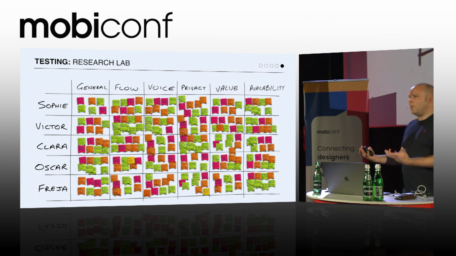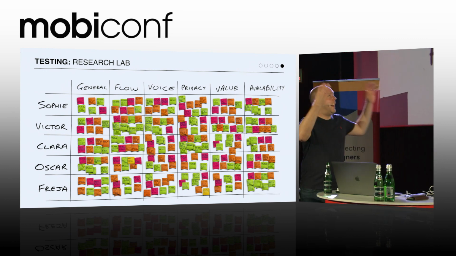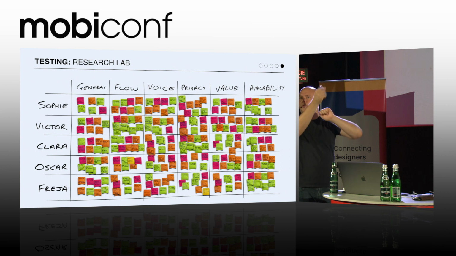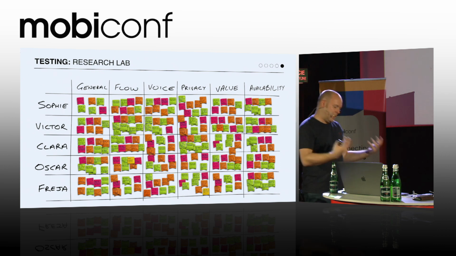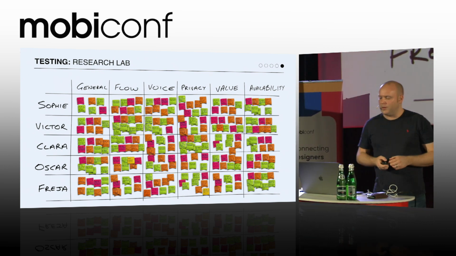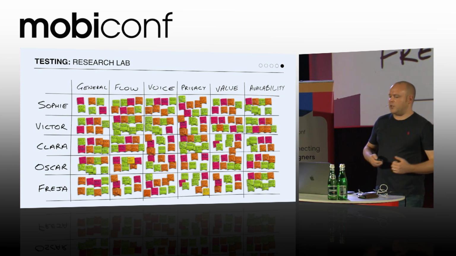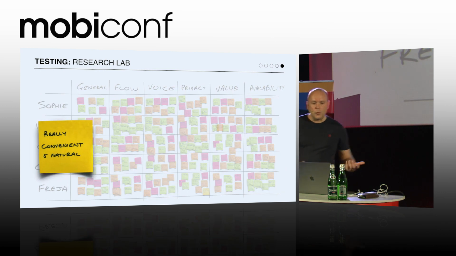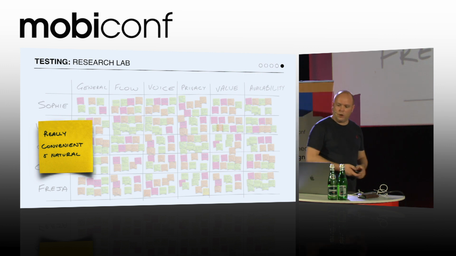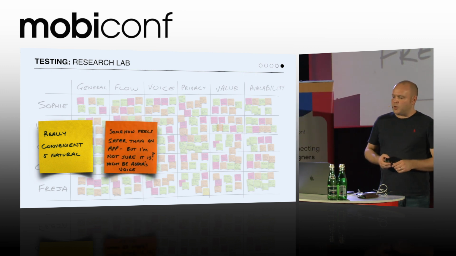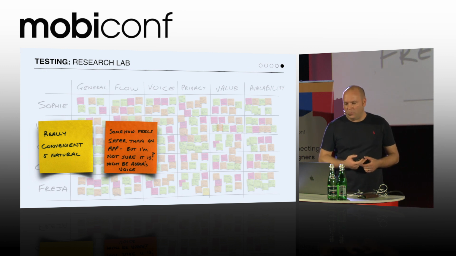So again, we're on that Friday, and we've got our massive wall of different post-its that we're capturing while we're watching people interacting and doing things over the course of the testing. What are some of the things that are coming back here? So, really convenient and natural. Somehow feels safer than an app, but I'm not sure that it is.